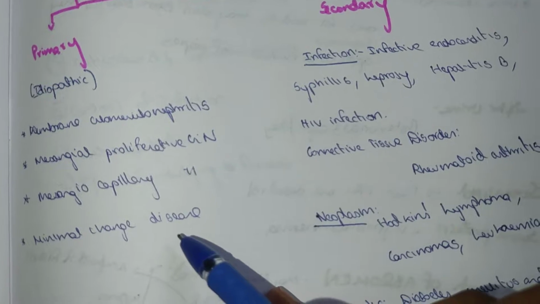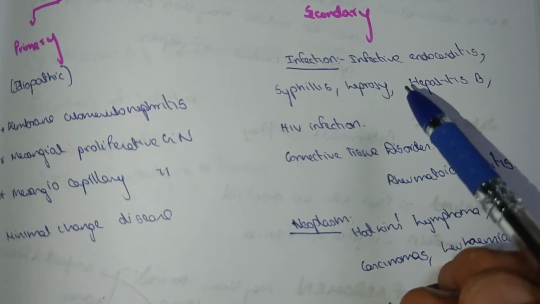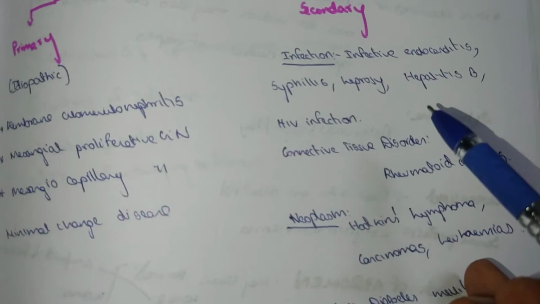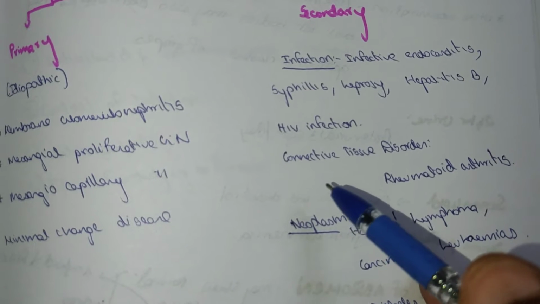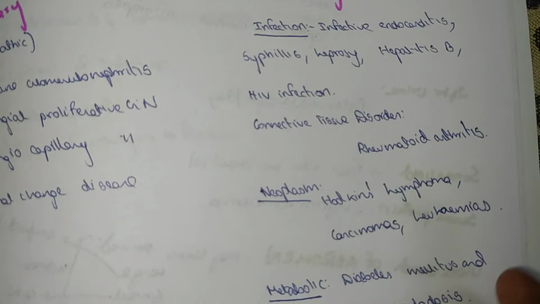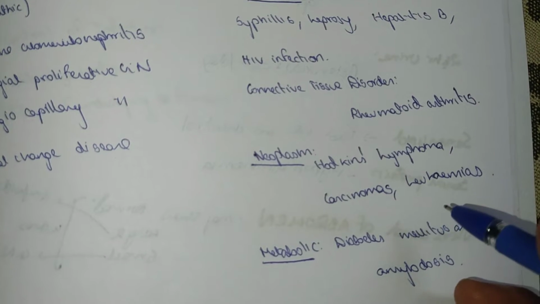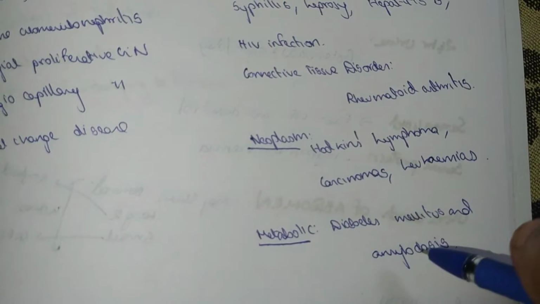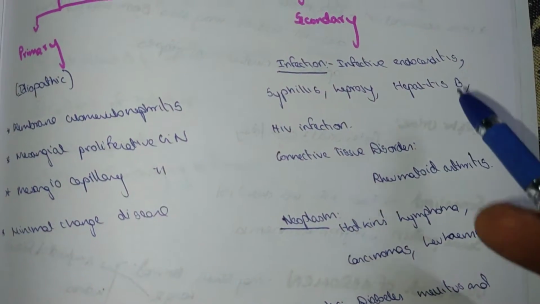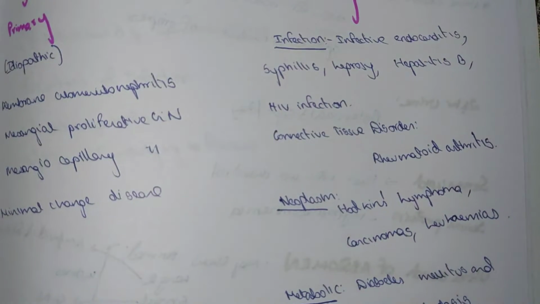The secondary causes are infections like infective endocarditis, syphilis, leprosy, hepatitis B, and HIV infection; connective tissue disorders like rheumatoid arthritis; neoplasms like Hodgkin's lymphoma, carcinomas and leukemias; and metabolic causes like diabetes mellitus as well as amyloidosis. In secondary causes the causes are known, but in primary causes the causes are unknown.